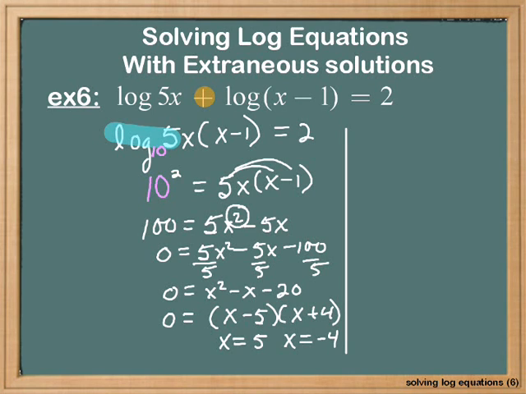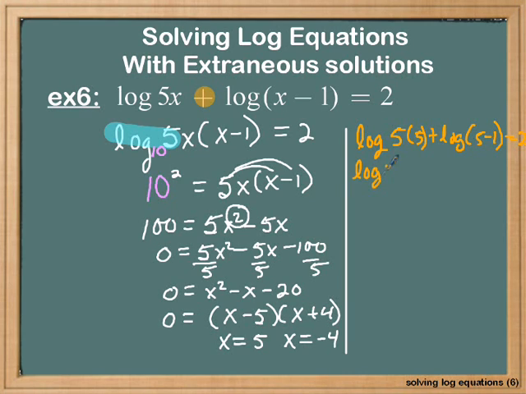Okay, so I'm going to go ahead and take my first value, which is the 5, and see what happens. I have log 5 times 5 plus log 5 minus 1. Does that equal 2? Well, let me see.